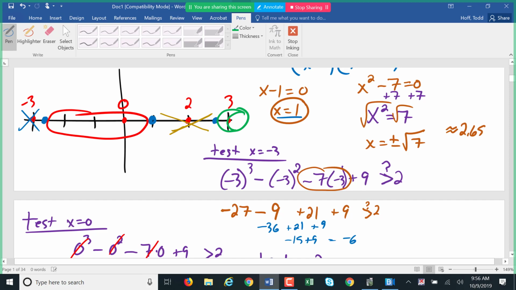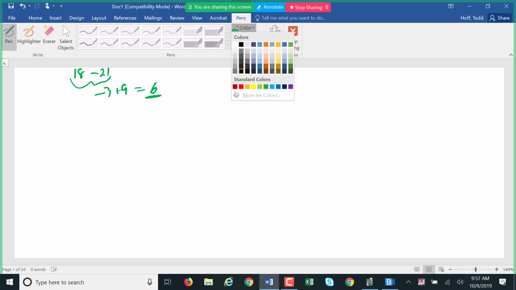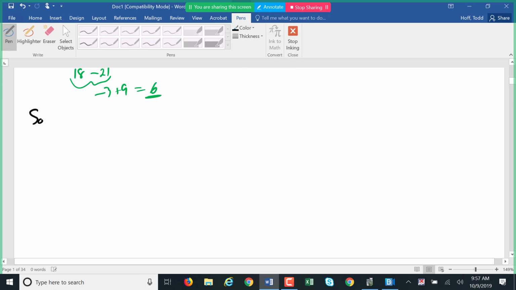So the regions where this is true is between the negative square root of 7 and positive 1, and then greater than the positive square root of 7. So the solution set notation here is going to be a little tricky.